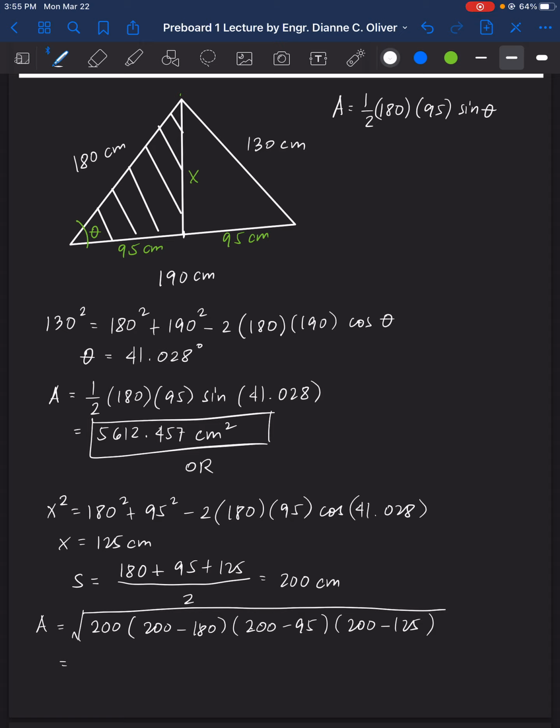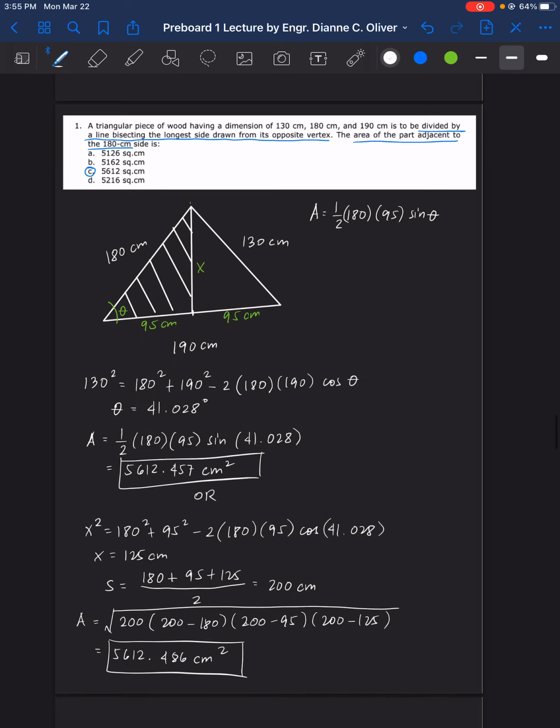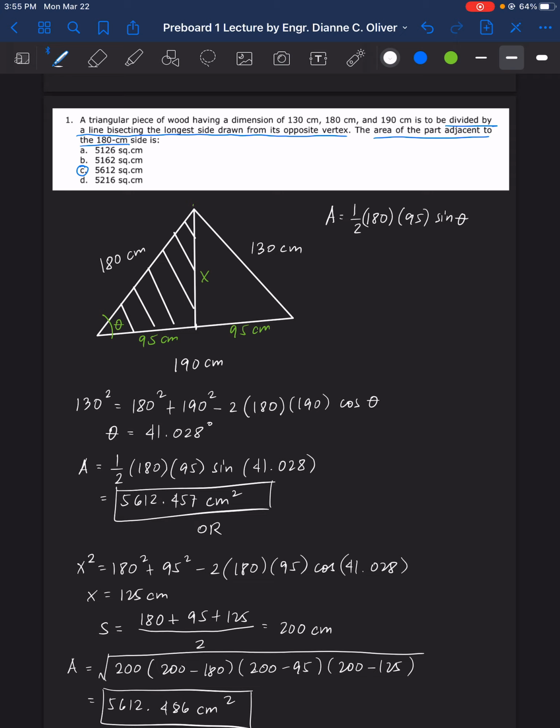Let's see if we get this exact value. That is 5612.486 square centimeters. Still, the nearest answer is letter C. So that's for number 1.